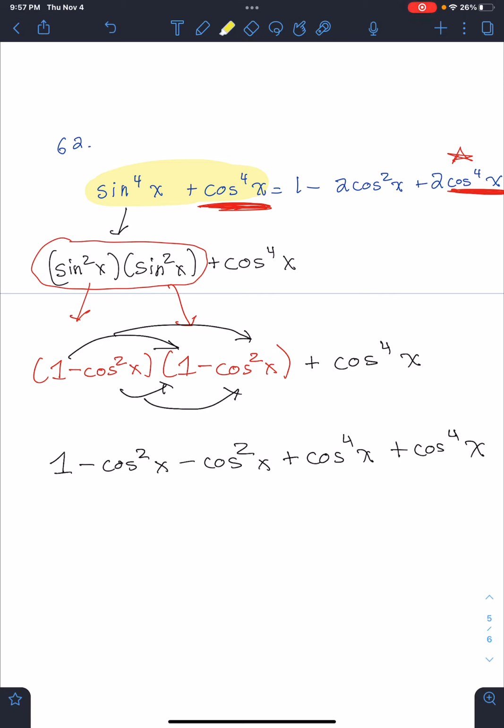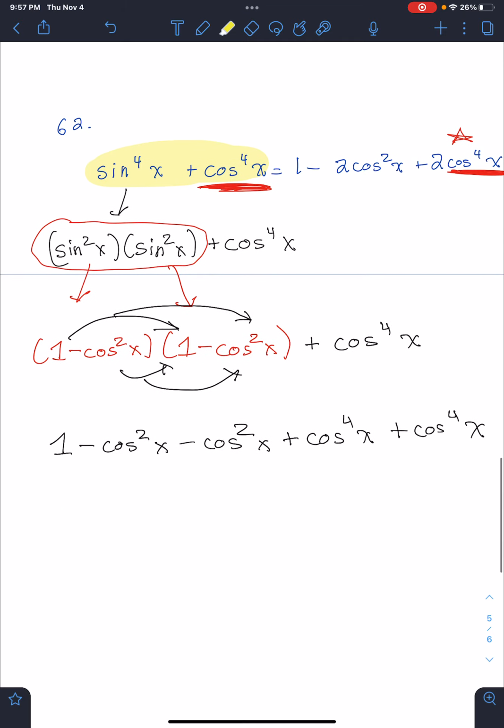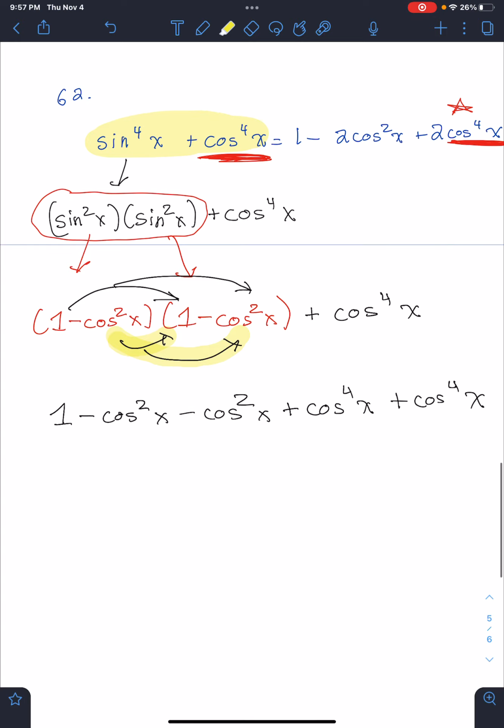Sorry if I did that a little too quick. 1 times 1 is 1. 1 times negative cosine squared of x is just negative cosine squared of x. And then on the bottom, that repeats right here. And then negative cosine squared times negative cosine squared is positive cosine to the fourth of x. So here I see like terms. I'm going to add those. I'm going to get 2.